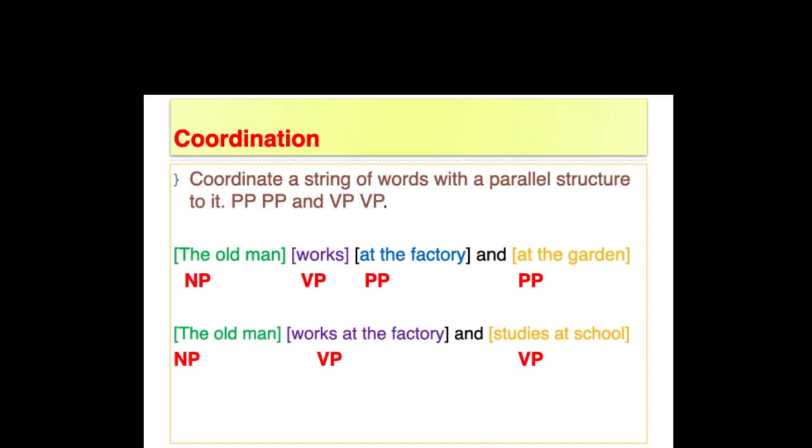Also, we can repeat starting from the VP point. The old man works at the factory, and studies at school. So sorry, there is a mistake there. And studies at school. So here also, this also shows us that works at the factory acts as one constituent under the category of VP.